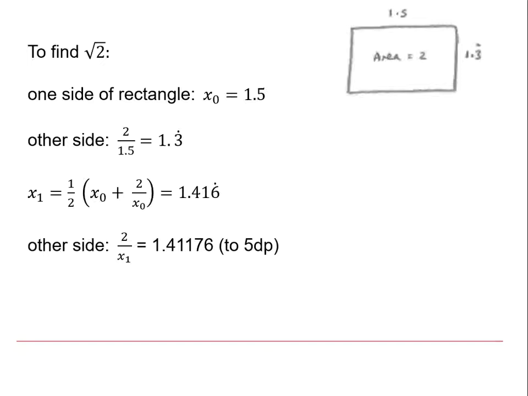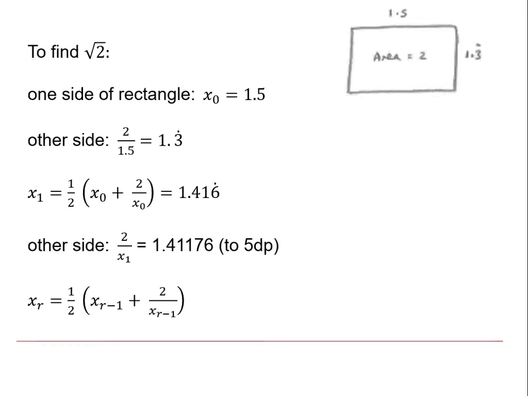And if one of the sides is 1.416 recurring, the other side, as before, will be 2 divided by that number, which gives us 1.41176. So the sides are both getting quite close now, and in general we would apply this formula. So this is an example of a recurrence relation.